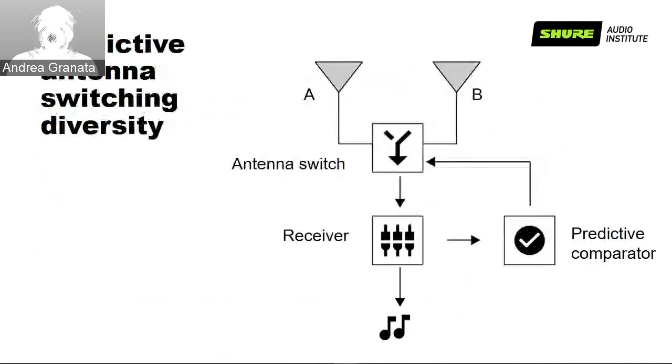Diversity means having two antennas somehow under your control to prevent multipath interference.